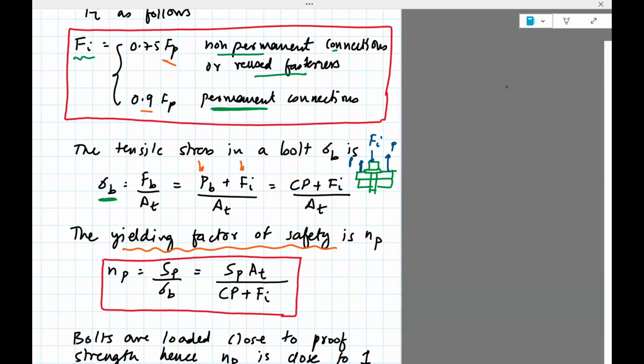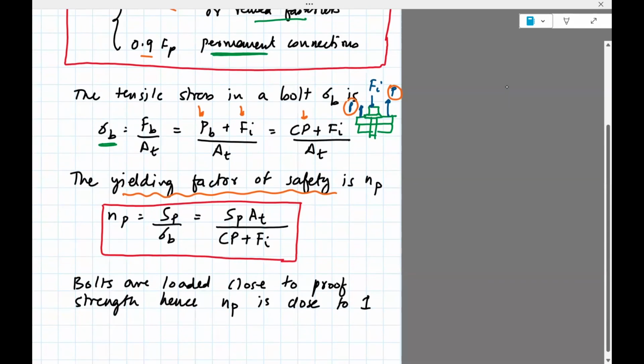PB is the fraction of the load which comes on the bolt, which depends on the stiffness, times the total load P. So NP, the factor of safety, is SP divided by sigma B. Sigma B was computed here. You put it there, and you get an expression for the yield factor of safety.